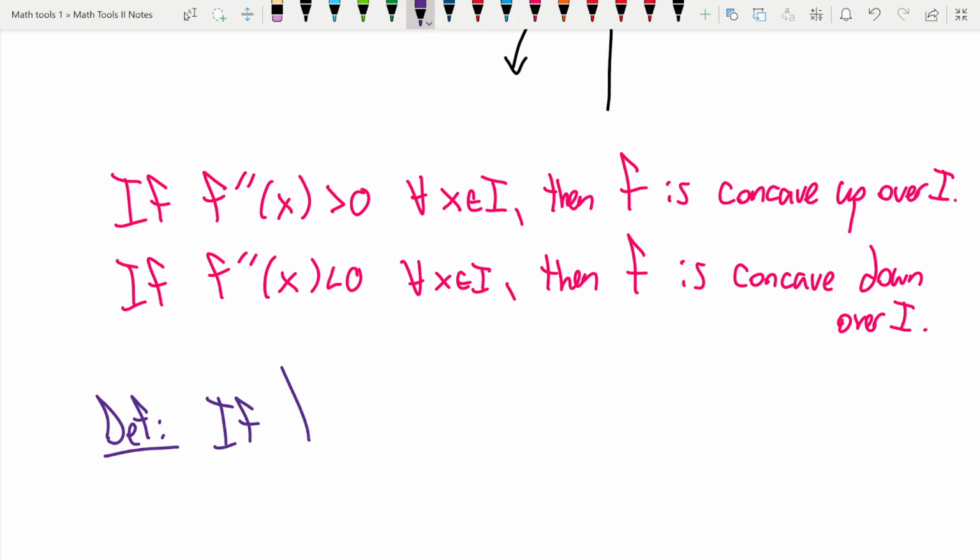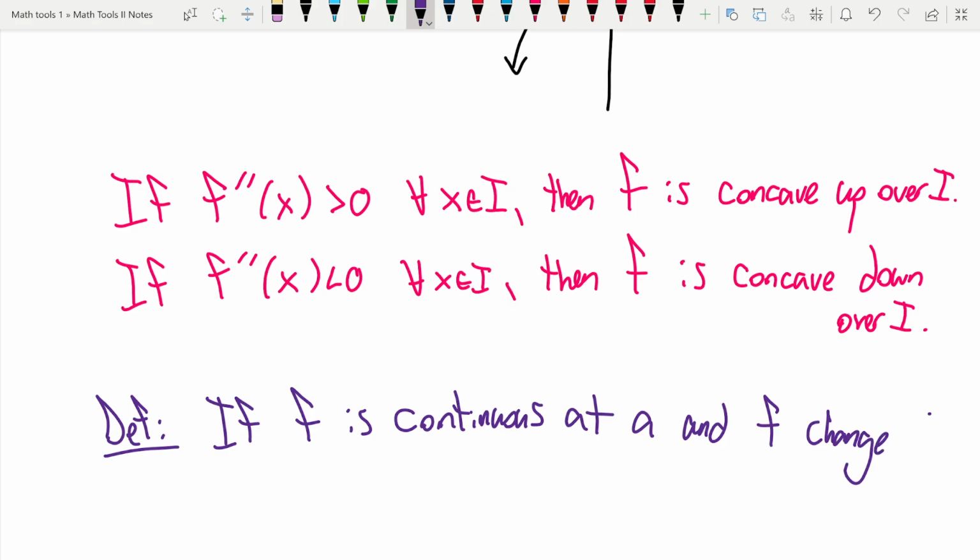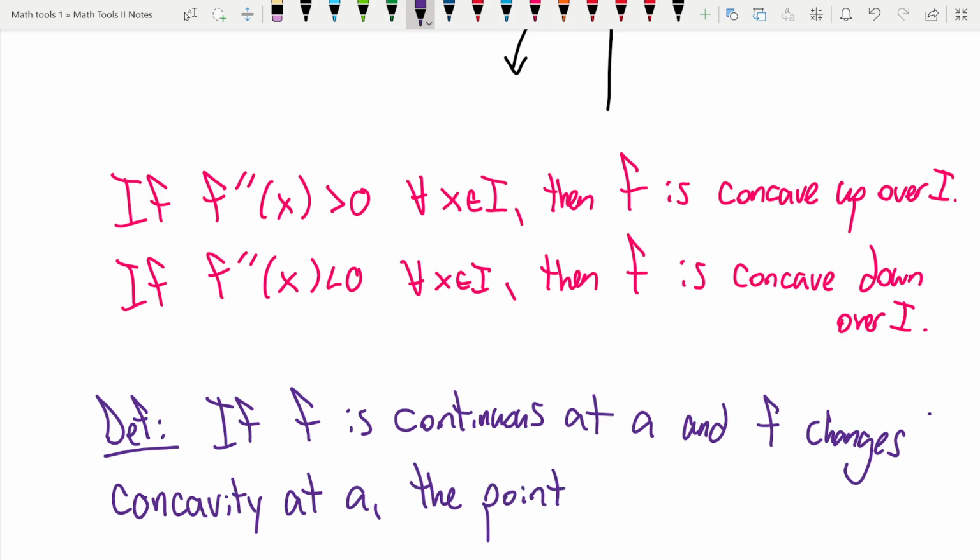So if f is continuous at a and f changes concavity at a, then the point (a, f(a)) is an inflection point of f. Okay.